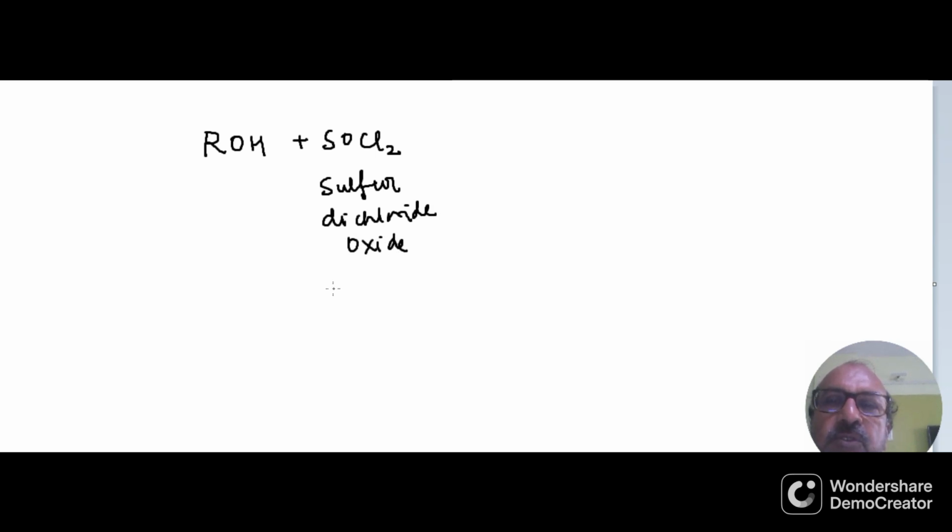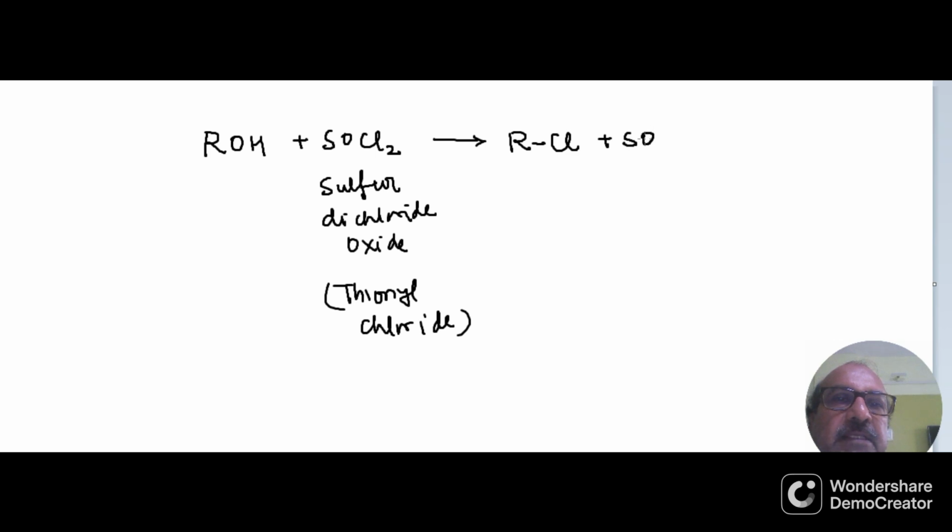It is sometimes also called thionyl chloride. And this is used to convert an alcohol into a chloroalkane in this way, and these are the products which you are told to remember.